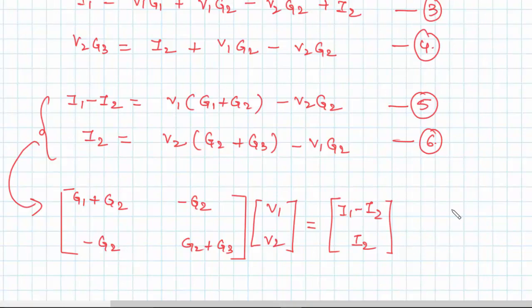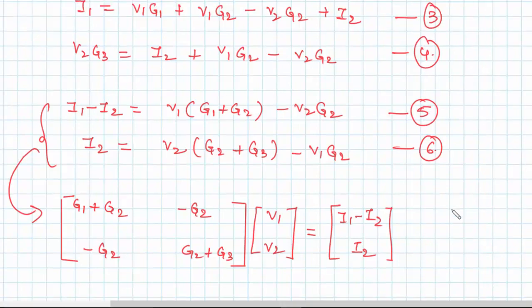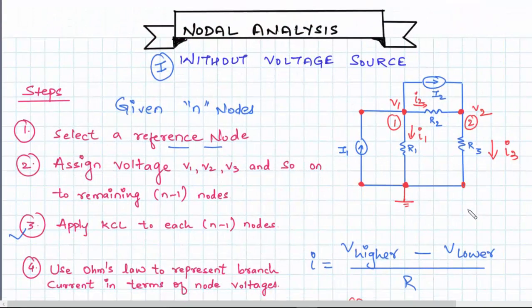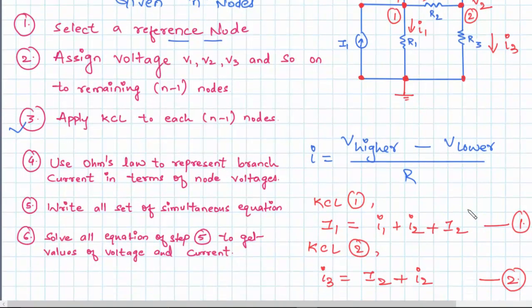Let's have a quick recap of whatever we have covered in this lecture. So we started case 1 of nodal analysis. We have 6 steps to solve any circuit using nodal analysis which does not contain any voltage source. In step 1, we will select a reference node, and generally this is taken as the node which has the lowest potential. In step 2, we will assign V1, V2, V3 and so on, all the voltages to n-1 nodes.